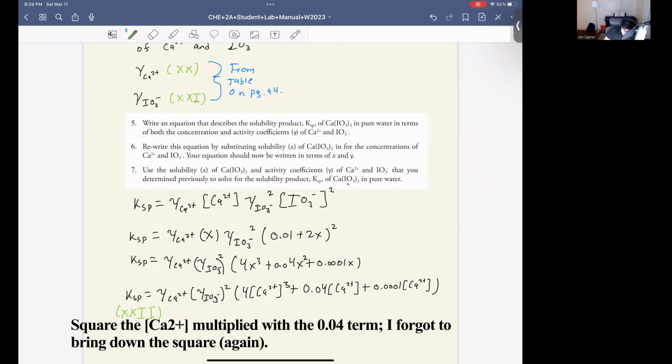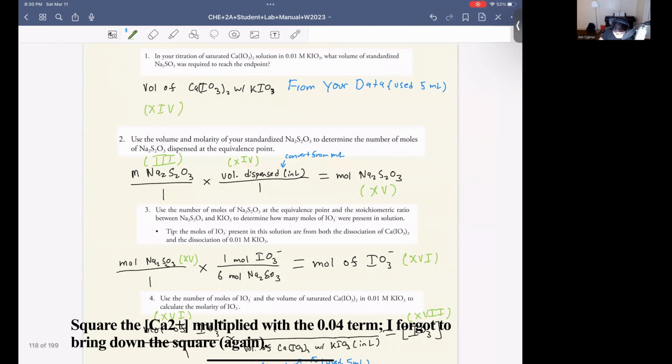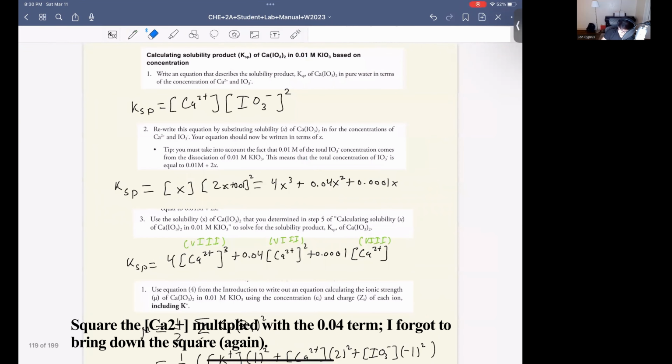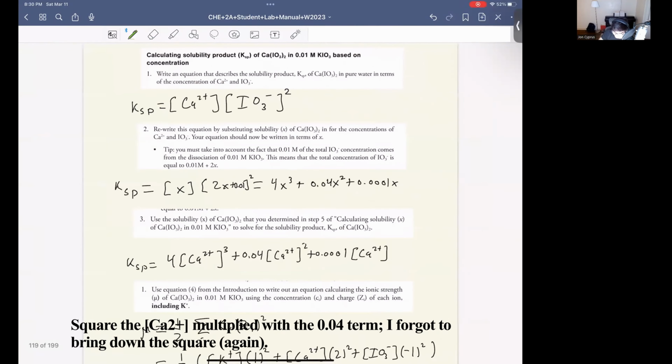These gammas are what you got before. This is your XX label, and this is your XXI label. This is going to be somewhere over here, XVI.